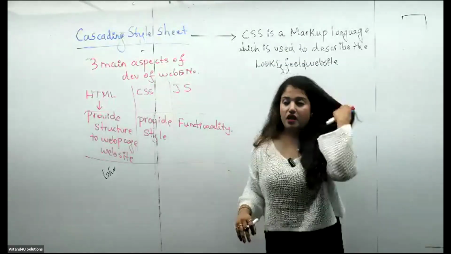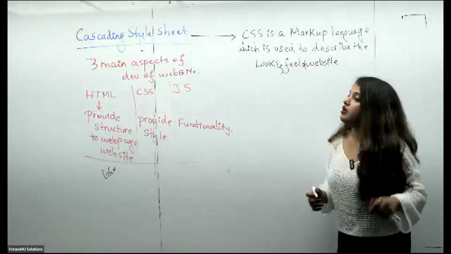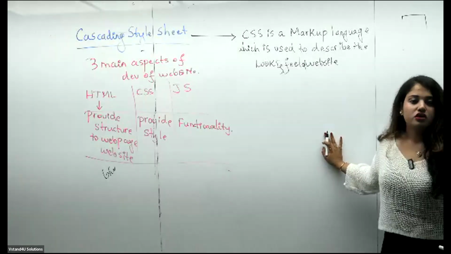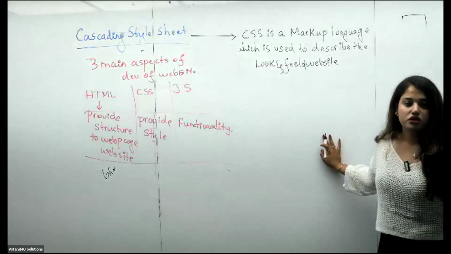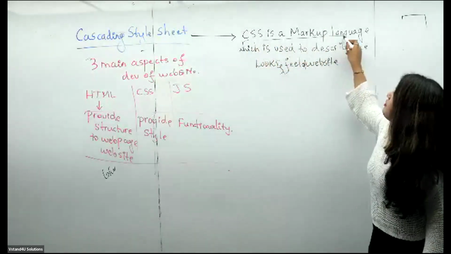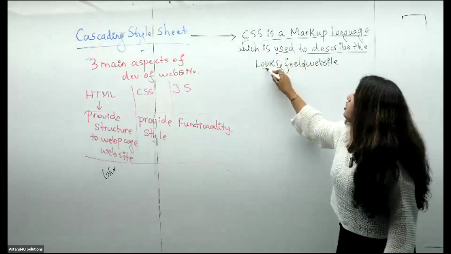Yes or no? And why is JavaScript required? It is required for functionality. Okay, done with it. If HTML is a markup language, CSS is also a markup language. Yes or no? That is what the first line is saying. CSS is a markup language and it is used to describe the look and feel.